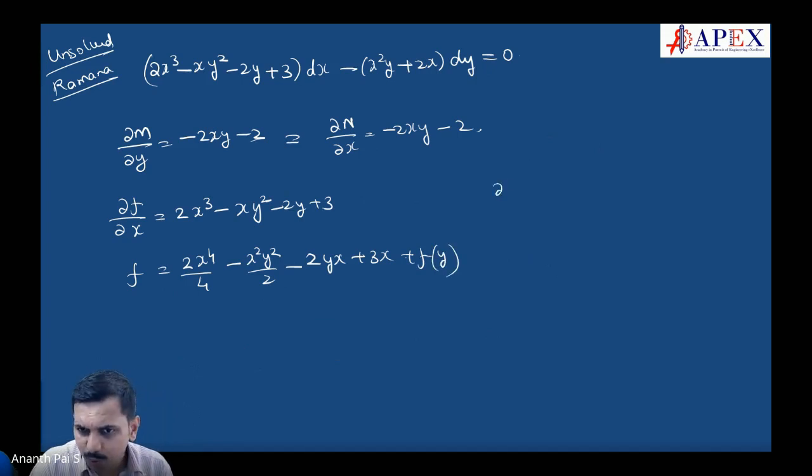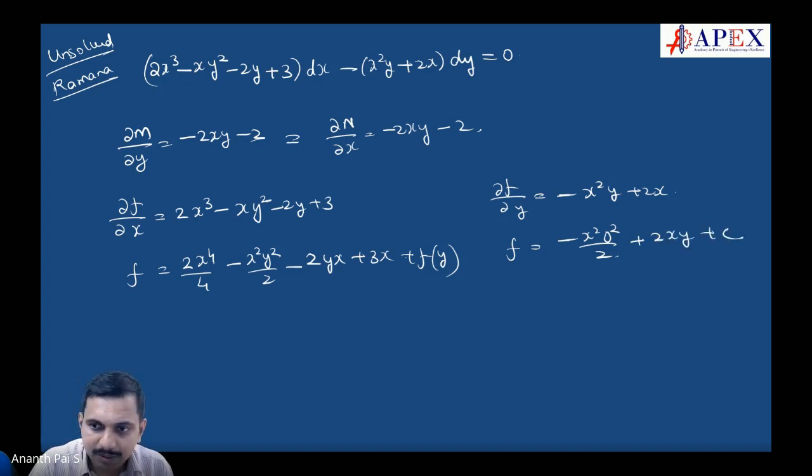Similarly, dou f by dou y would be equal to minus x square y plus 2x. We integrate that with respect to y. You get minus x square y square by 2 minus 2xy plus a constant. Sorry, this is minus 2xy.